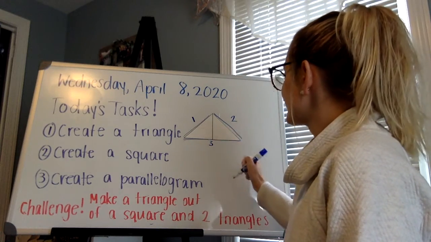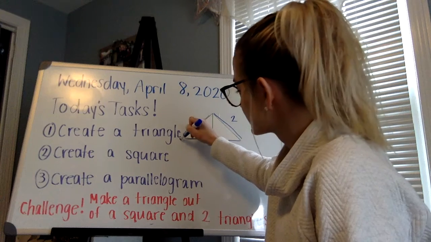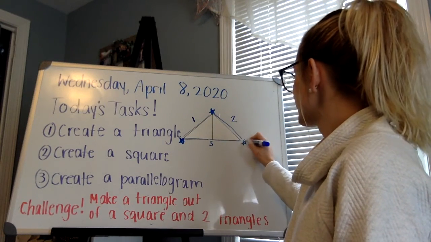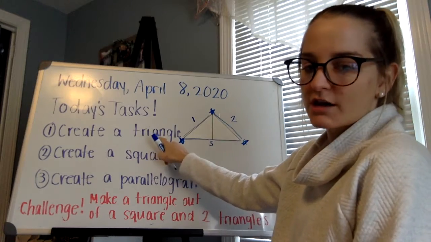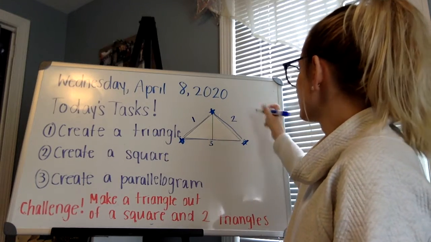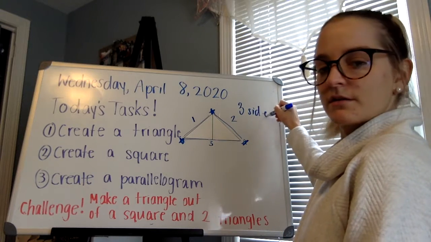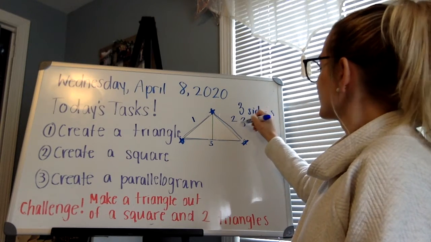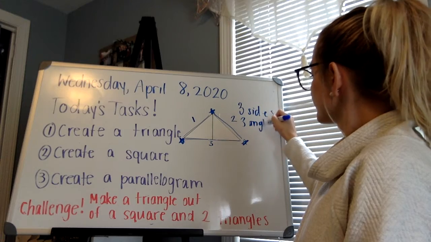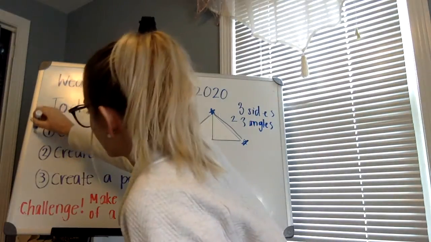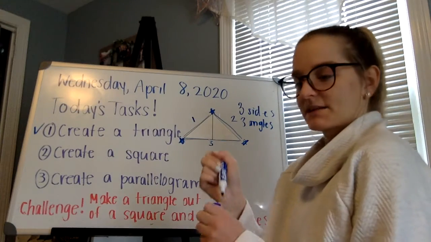So 3 sides, and I'm going to star the angles. 1 angle, 2 angles, and 3 angles. So I know my new triangle, made up of 2 triangles, has 3 sides and 3 angles. Okay? Now let's try our next. I'm going to put a check. We did our first task.